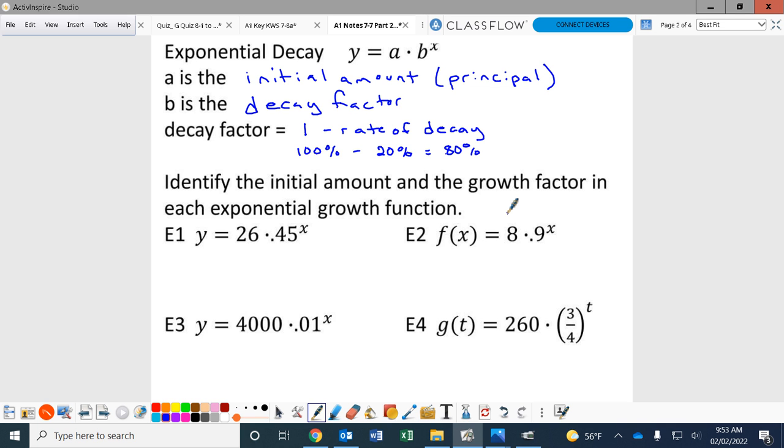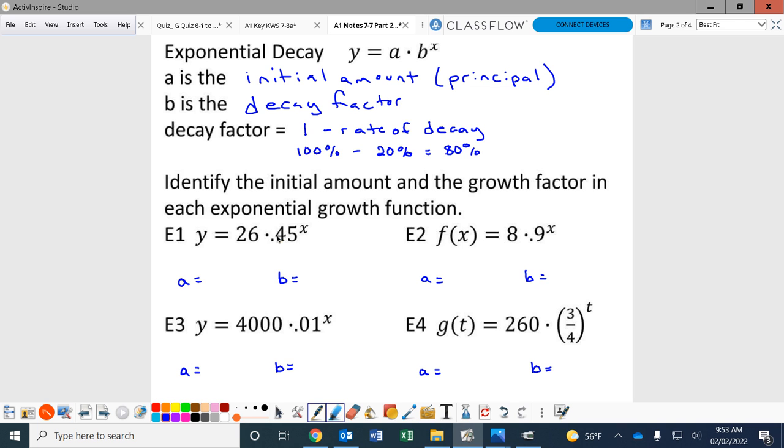So the first thing you got to do is go through and identify A and B in each one of these. That's all you're doing, telling me what A is equal to and what B is equal to, every single time. Every single one of these problems is a decay problem. Why is it decay?